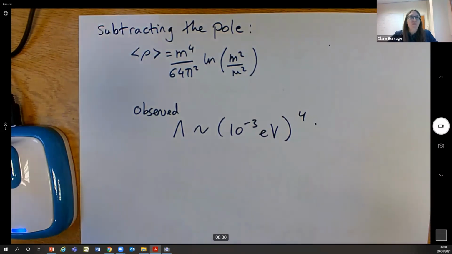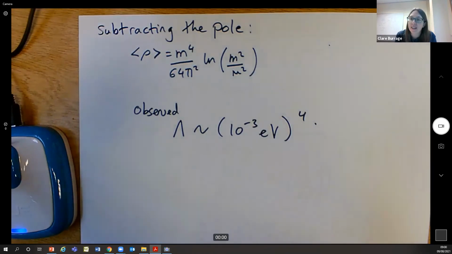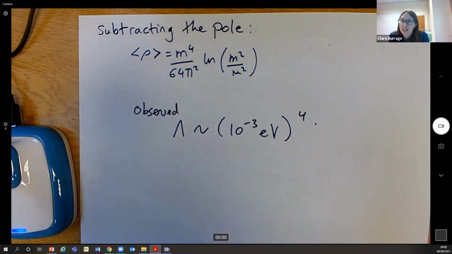So that would all be perfectly fine and consistent if the heaviest particle we knew of had a mass that was 10 to the minus 3 electron volts. But unfortunately, that's the mass scale of the neutrinos. And we know that there are definitely particles with masses heavier than that in our universe.